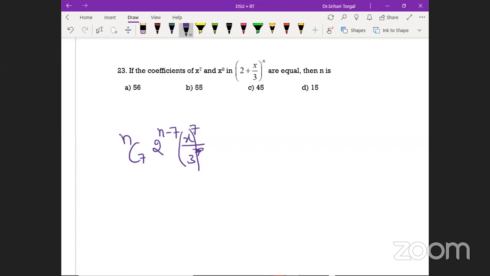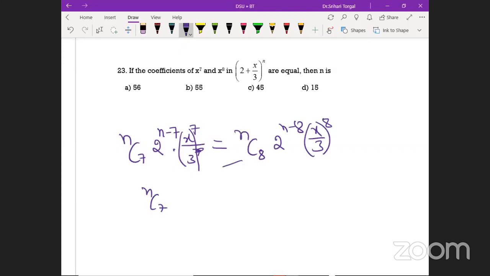Correct? You subtract, and that should come in the power of the first term. Hence NC7, 2 power n minus 7 into x by 3 whole power 7, which is equal to, they are telling that its coefficients are equal. Okay. Now, what is that? NC8, 2 power n minus 8, x by 3 whole power 8. Okay. Now, what are the coefficients?